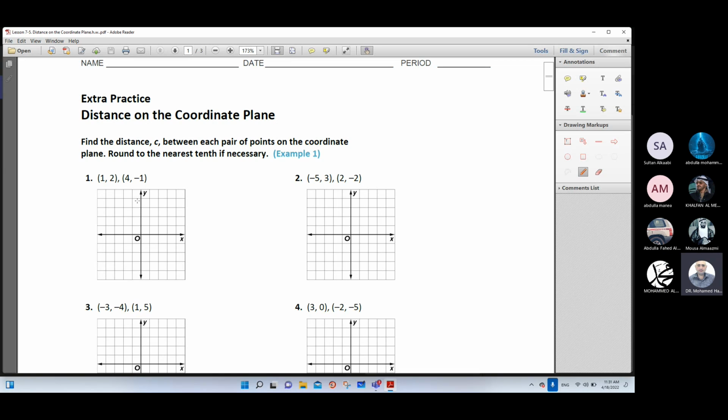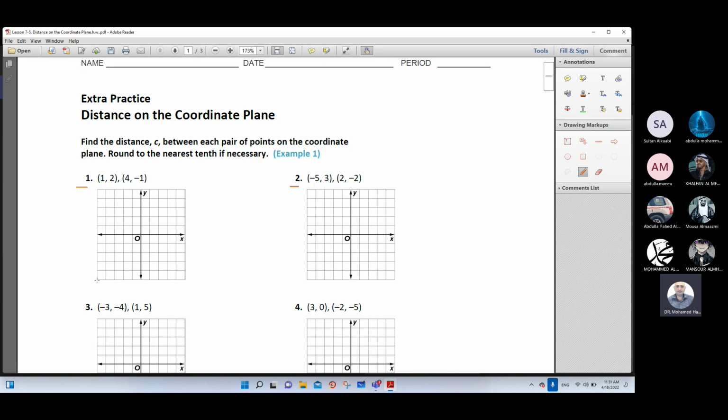I will solve exercise number 1 and 2. Then you can help me. You can solve 3 and 4 to the end by yourself. Okay?